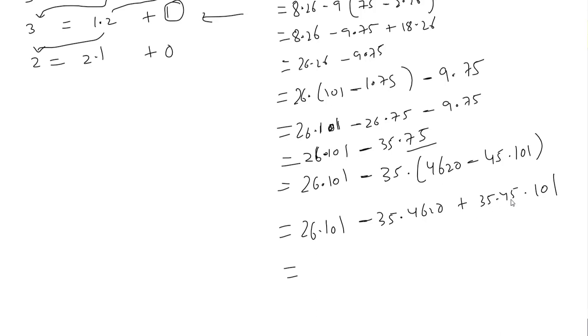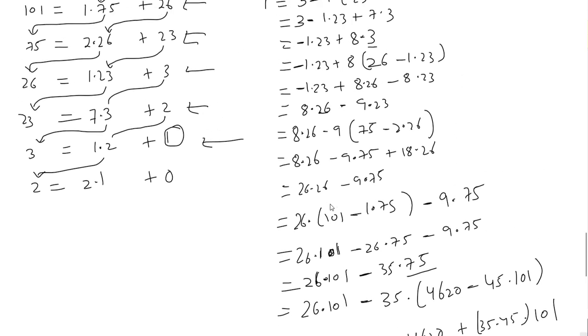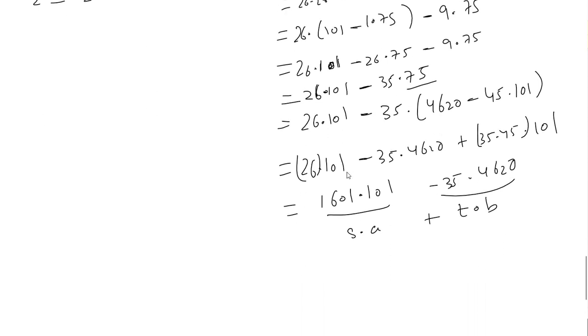Then if you simplify this and combine the terms with 101, what we'll get in the end is 1601 times 101 minus 35 times 4620. So this is actually of the form S times A plus T times B, or in other words, S times 101 plus T times 4620.